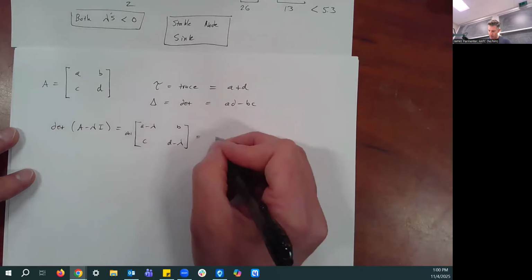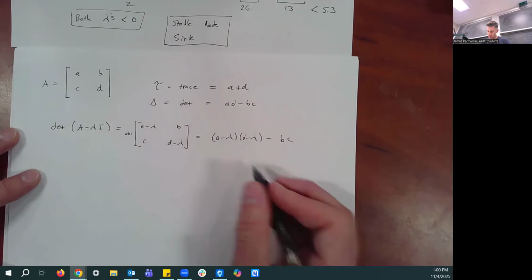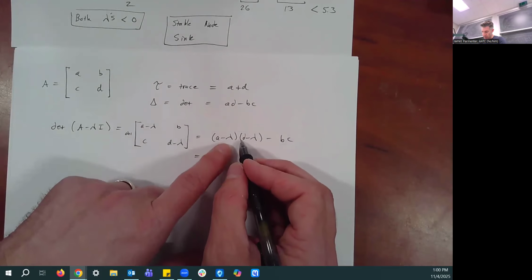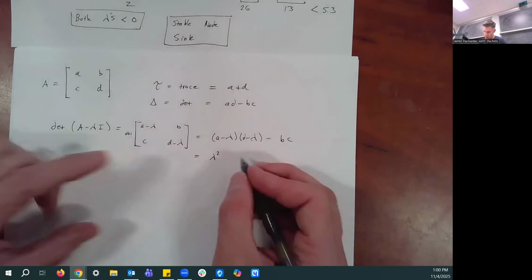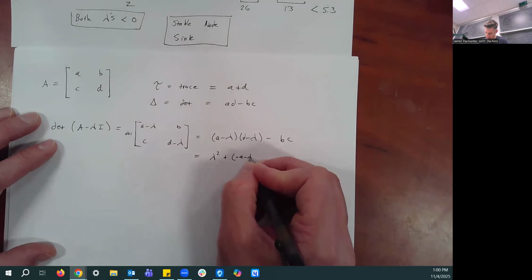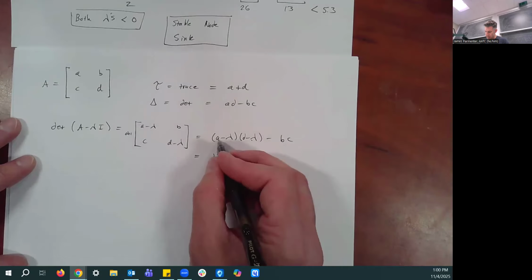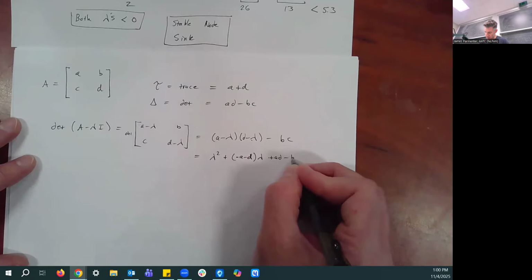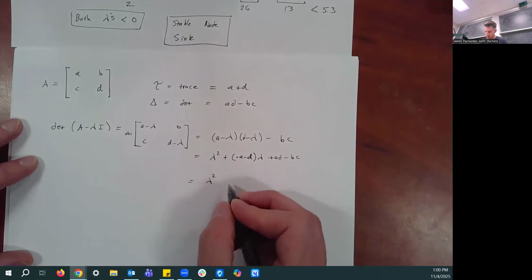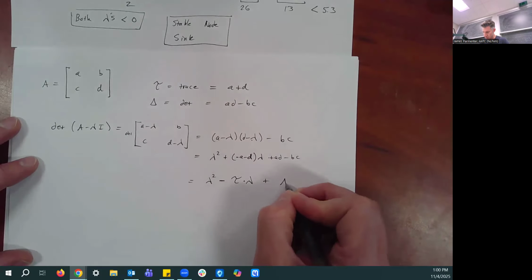When we multiply it out, we get A minus lambda times D minus lambda minus B times C, which ends up simplifying as lambda squared minus A plus D times lambda plus A times D minus B times C. Or as you might write, lambda squared minus the trace times lambda plus the determinant.